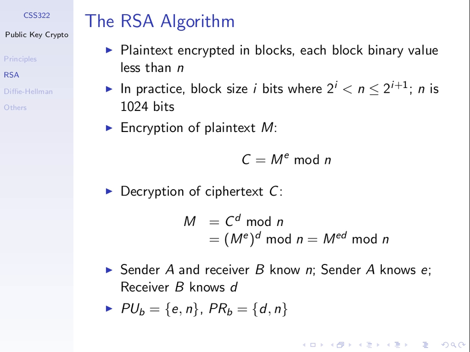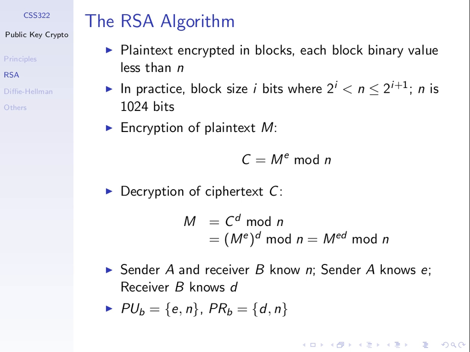Some requirements of our input. The plaintext input is an integer less than n. So if n is 1023, the plaintext message m must be an integer less than that. In practice, we have a block size measured in a number of bits, so we measure n in terms of a number of bits.